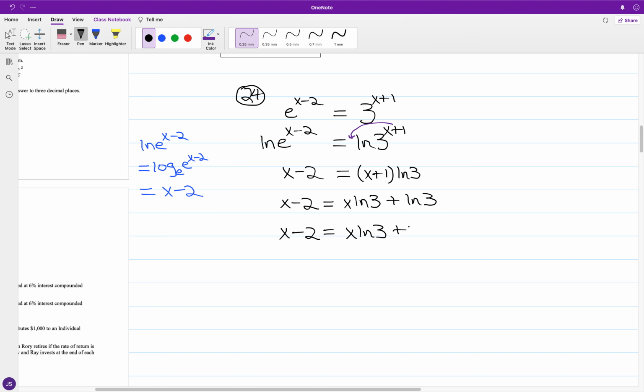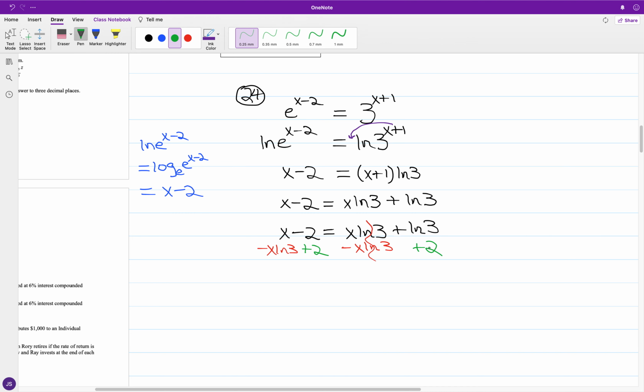Looking at combining the variable terms and separating them from the non-variable expressions, I'm going to take x times the natural logarithm of 3 away from both sides, just to have x on the left-hand side and everything else over to the right.